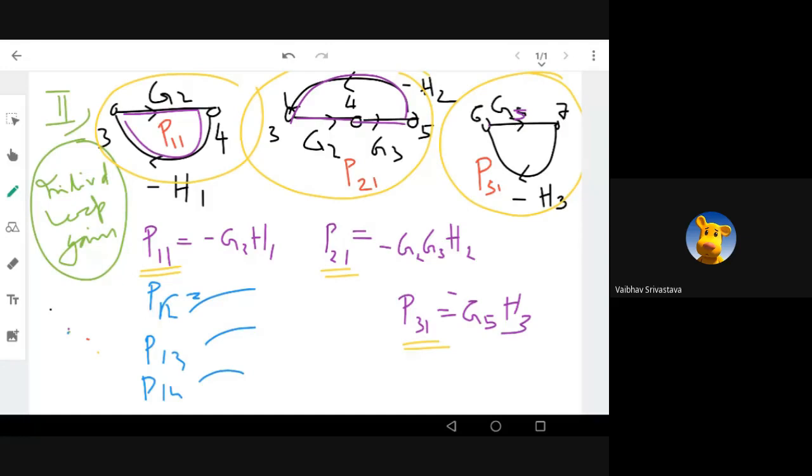So I don't have the values P12, P13, P14. It is a very simple problem. So P21 is for loop 2, my first gain. If there were a second gain, it would be so much, and the third gain so much. Although in this problem it is simple, and I don't have those different loops. Now what is P31?